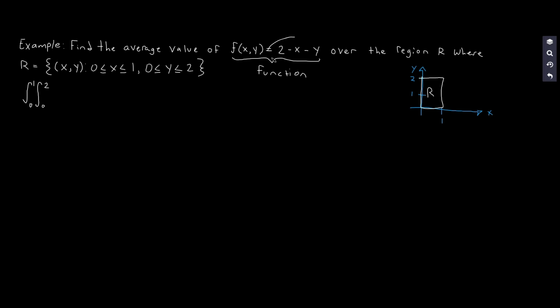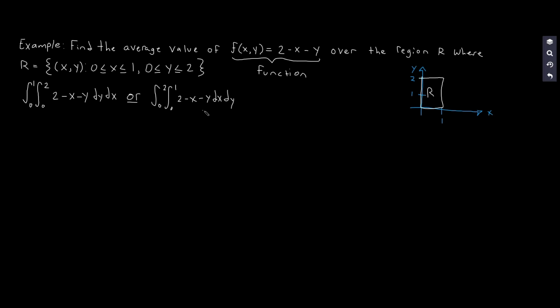Our function is 2 minus x minus y, dy dx. Or we can do the definite integral from 0 to 2 times the definite integral from 0 to 1 of 2 minus x minus y dx dy.